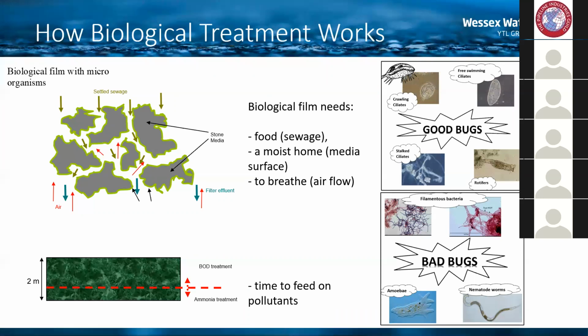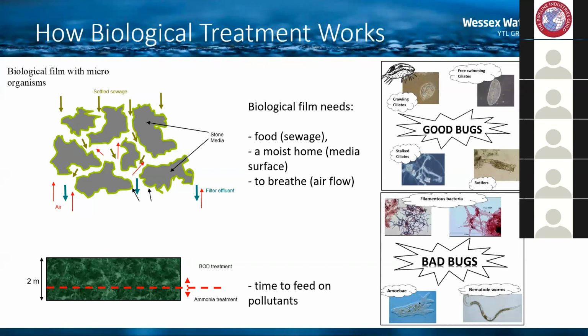And then as you go down through the filter and the load gets less, that gives the nitrifying bacteria, the ammonia treating bugs, time to grow. And then in the bottom portion of the filter, that's where most of your ammonia treatment happens, and your ammonia is then converted away from ammonia and into nitrates and nitrites.